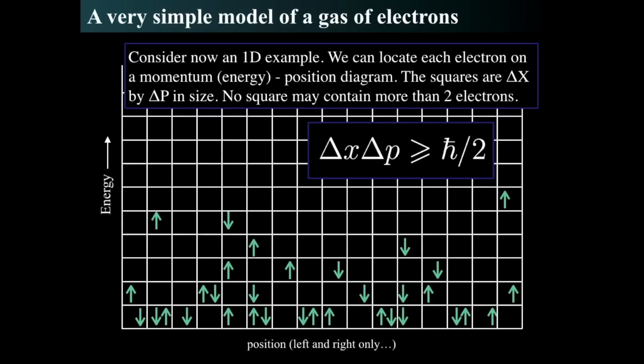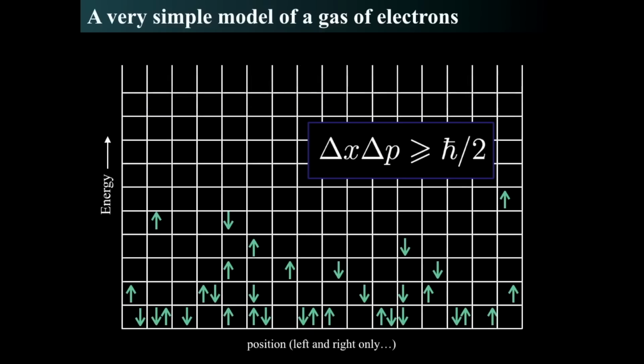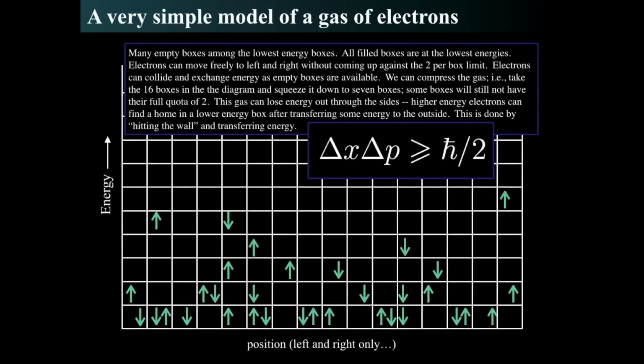So what the little box says is that the electrons can either have a green arrow up, and that's spin up, or a green arrow down, spin down. They can be somewhere left and right, that's their position, or they can have energy, lowest energy at the bottom, highest energy at the top. So there are many, many boxes, and almost all of them fill the lowest energy states. Why? Because that's the lowest energy state, and most things have low energy, unless, of course, something comes along and gives them a kick.